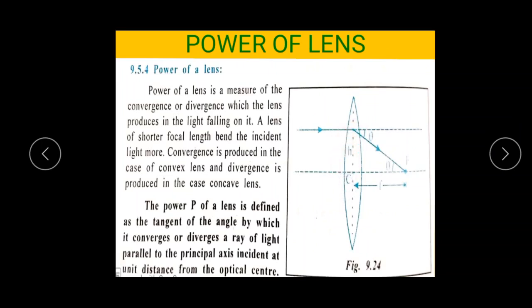This is the diagrammatic representation. Once the ray of light is incident on the lens, due to refraction there is a divergence, and it moves towards the principal axis and meets the principal focus.